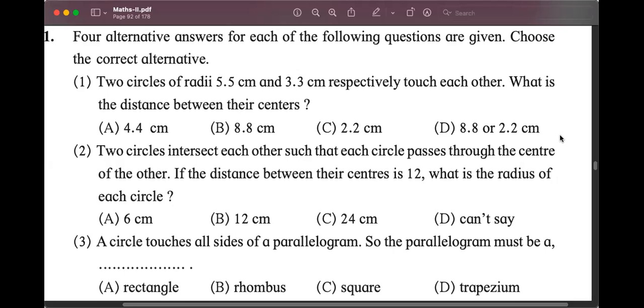Now option A says 4.4 centimeters, option B says 8.8 centimeters, and option C says 2.2 centimeters. एक distance पूछा है, तो A gives us one distance, B gives us one distance, C gives us one. But when we look at option D, it gives us 2 distances. और बहुत सारे बच्चे बोलते हैं कि एक ही डिस्टेंस पूछा है, 2 डिस्टेंस कैसे होगा? वो गलत है, डी गलत है.